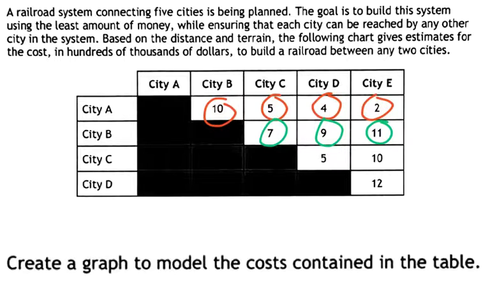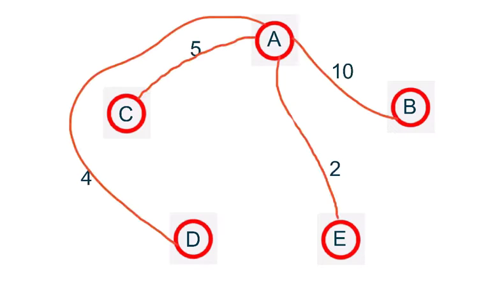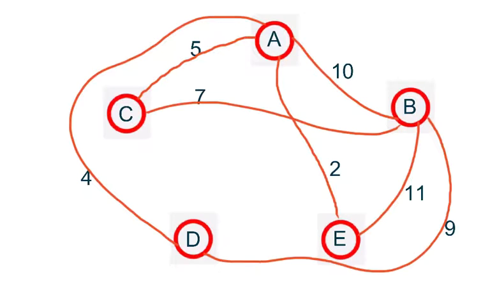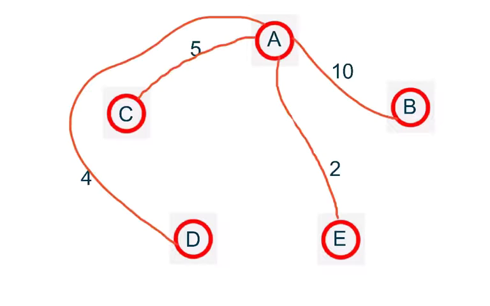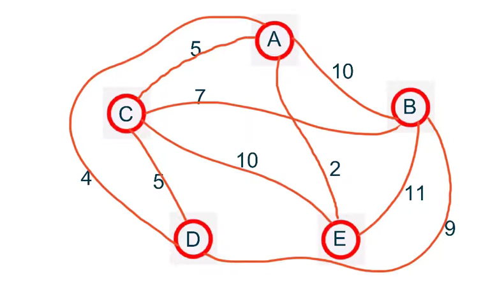Now it's already been connected to A, so that's why there's only 3 cities connected to B. And then if we look at C and D and how they're connected, we'll create this graph that has all the weights.